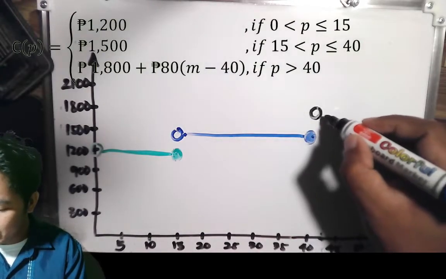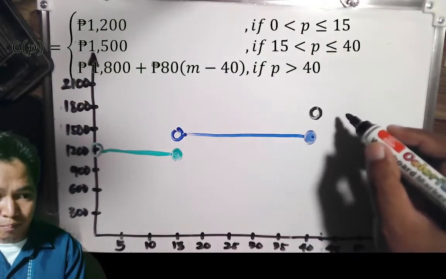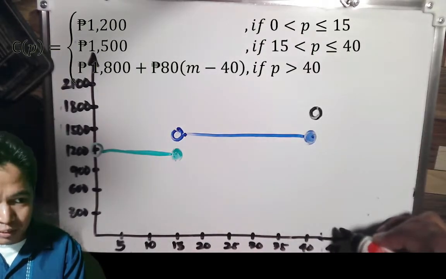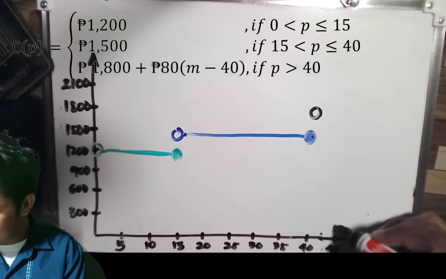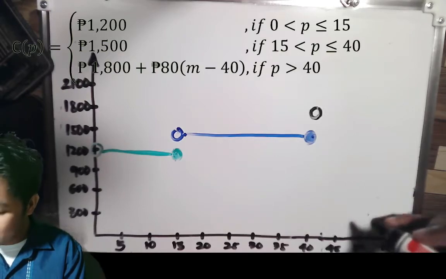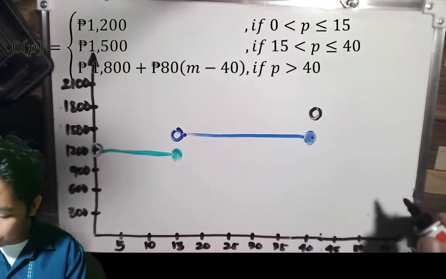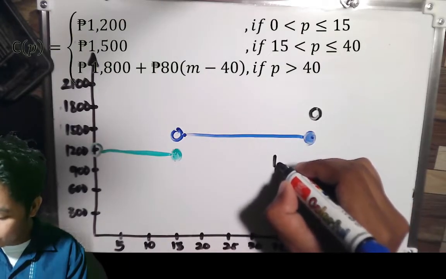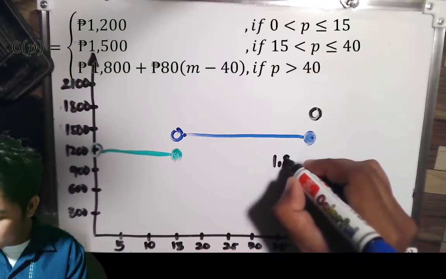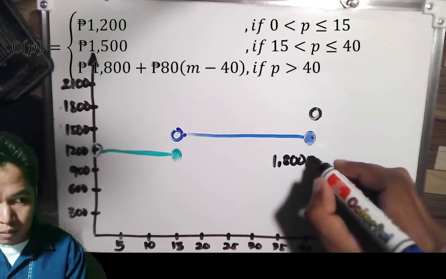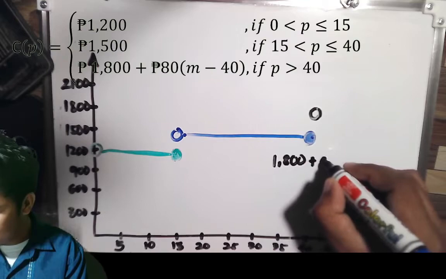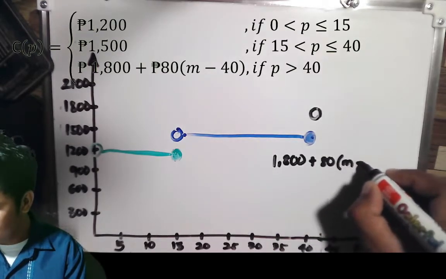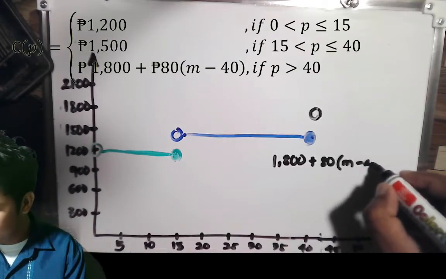So, how do we find the other dot? Example natin yung 45, kung saan siya tatama, and 50. So, using the function, 1,800 plus 80 pesos times M minus 40.